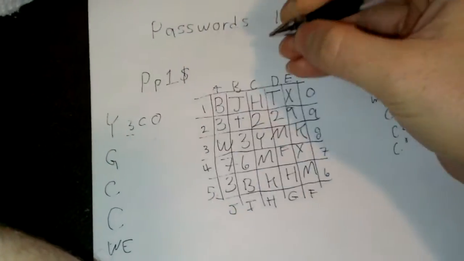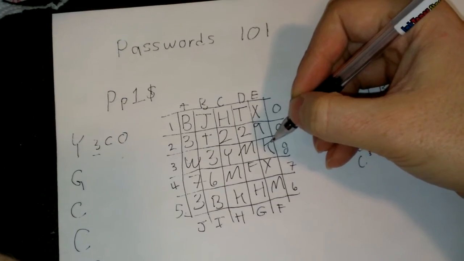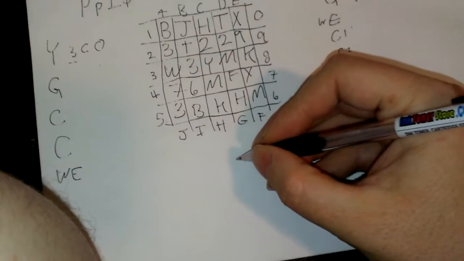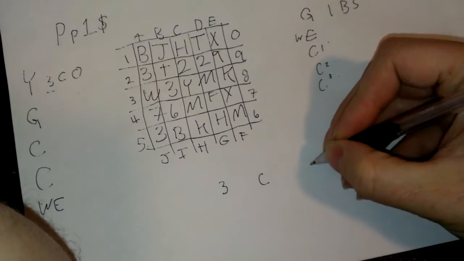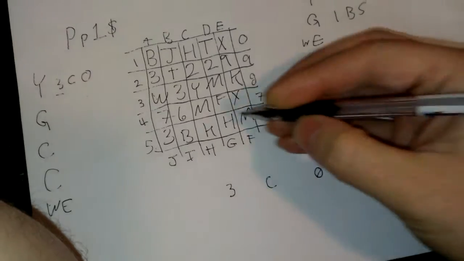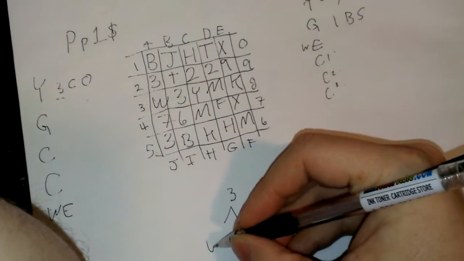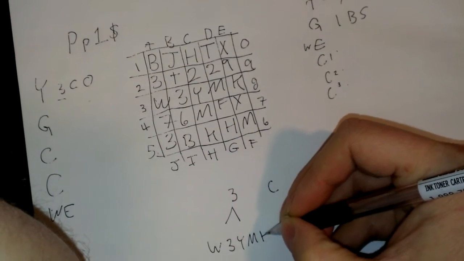For instance, on here, the 3 would represent the W3YMK. So I'll draw this out for you. I have the 3C0. So the 3 would equal the W3YMK.